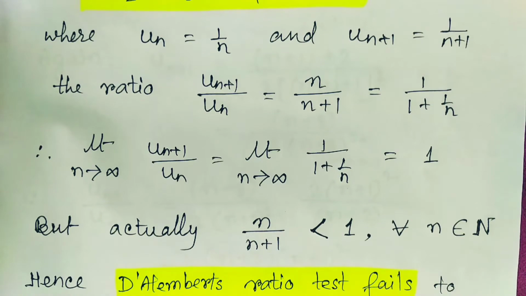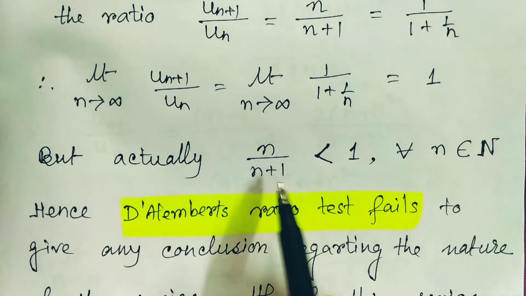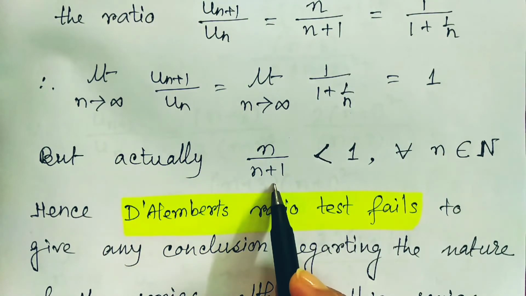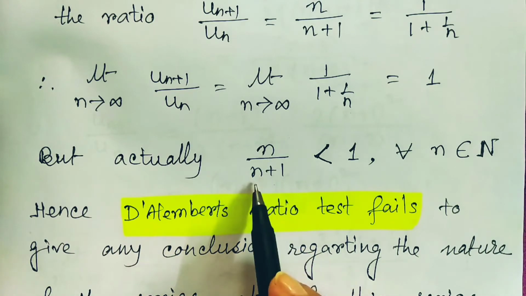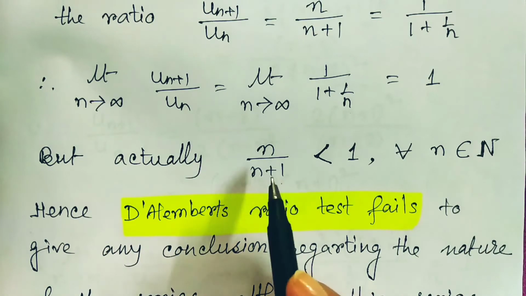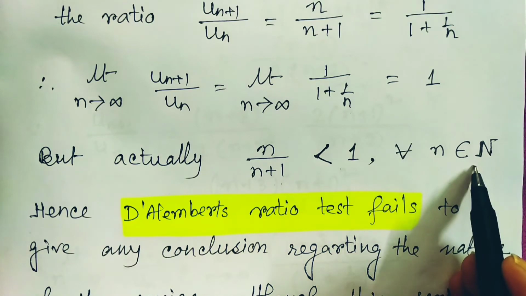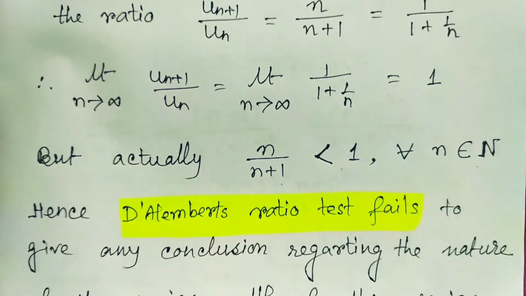Now, the given ratio is n divided by n plus 1. As n is positive, this should always be less than 1 for whatever n is. Hence, D'Alembert's ratio test fails as the limiting value is 1.